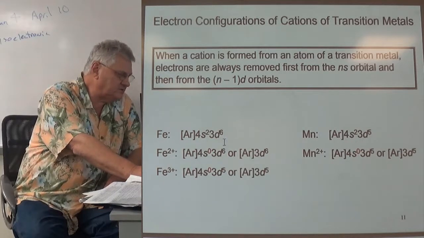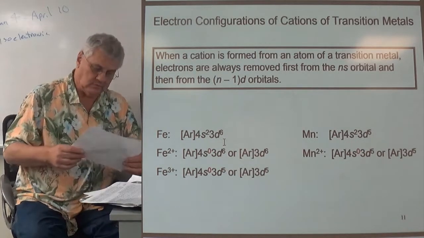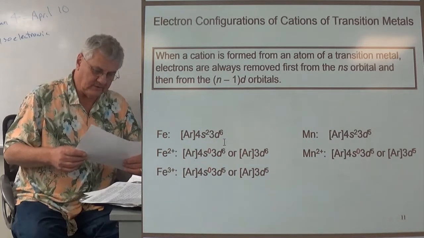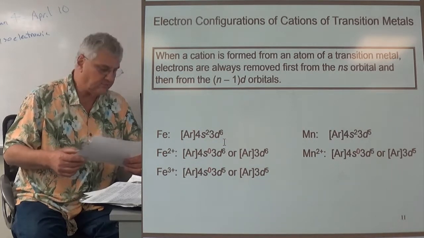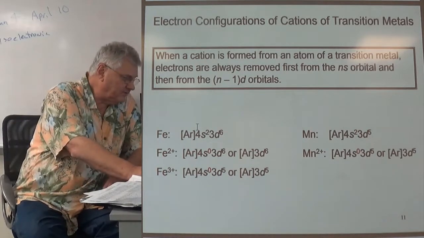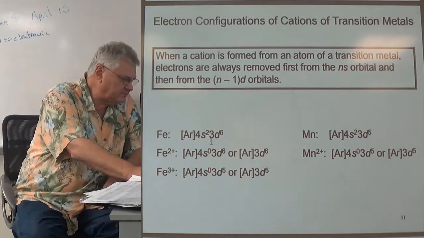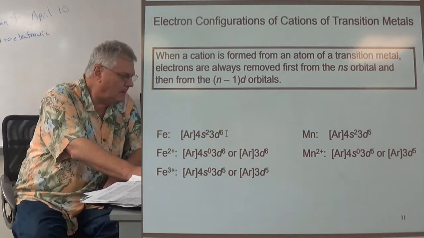This is the electron configuration of an iron atom, and it should be the same, hopefully, on the periodic table I gave you, 3d6, 4s2, good. This is the electron configuration of iron. Its argon is the filled shells, and then 4s2, 3d6.